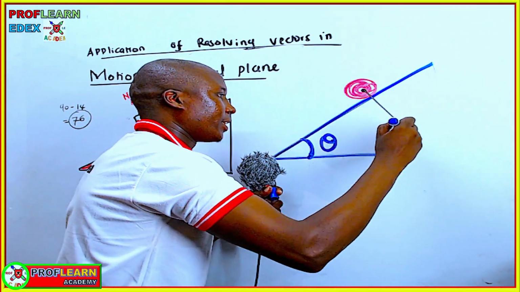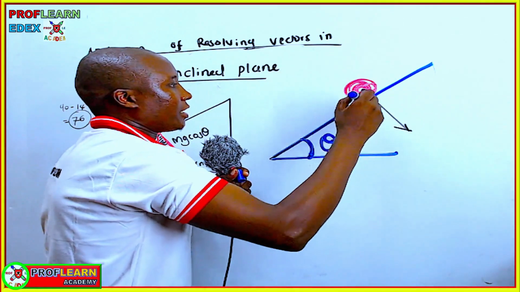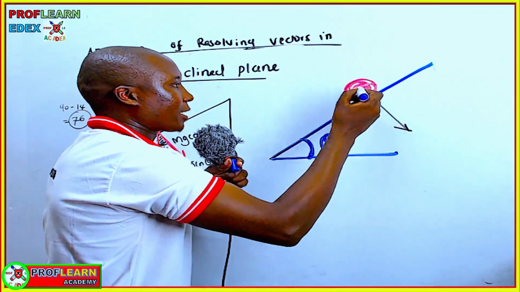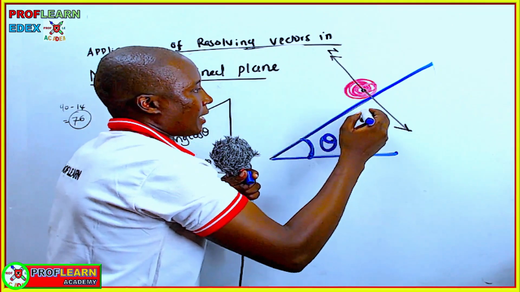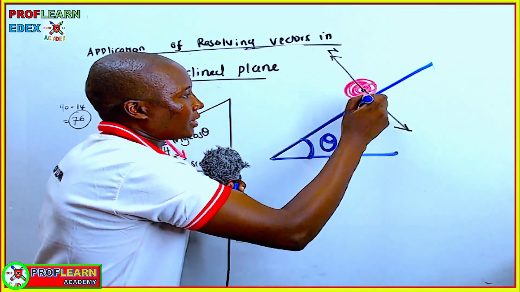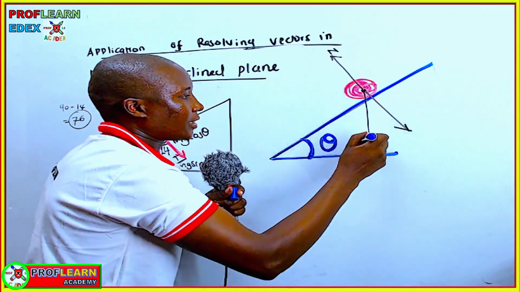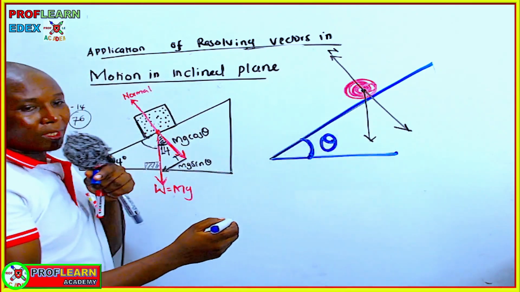It will be that force there. And there is a force the inclined plane is exerting back on the object, which is the normal force at that point. And there is also a vertical force acting downward like that.